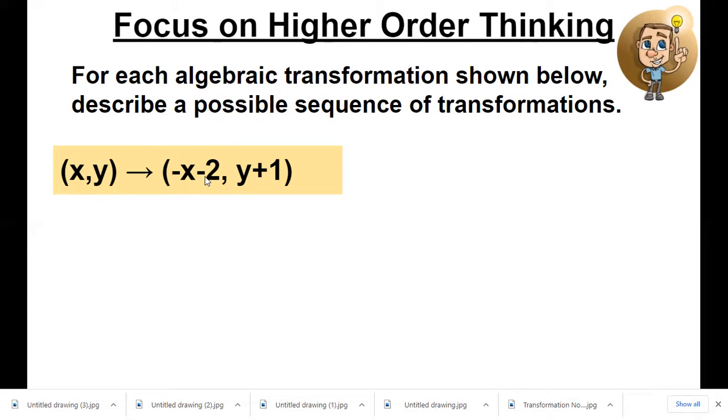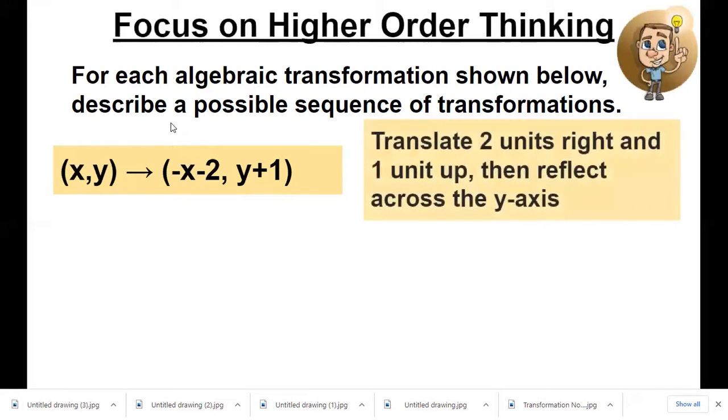You're sliding it 2 to the left and adding 1 to go up. So when does the x value become negative? When you reflect over the y-axis. So it's a reflection over the y-axis, and then it's a translation. So translate 2 units right and 1 unit up, and then reflect across the y-axis.